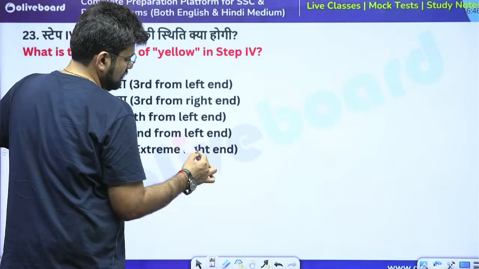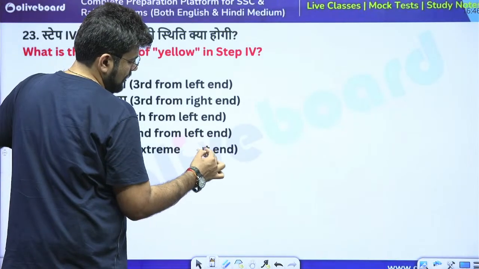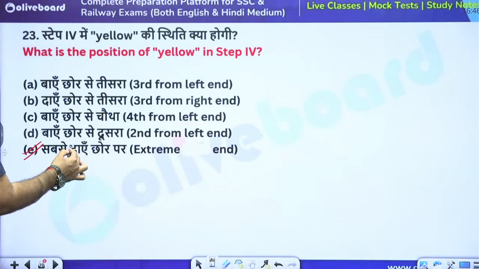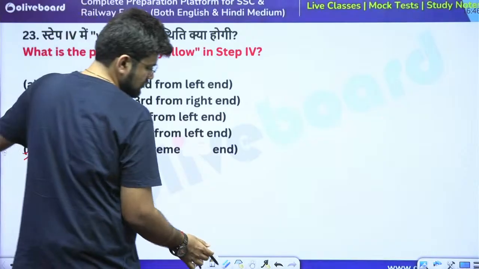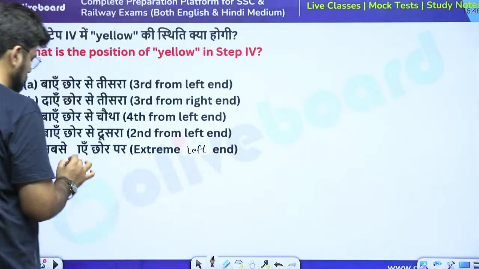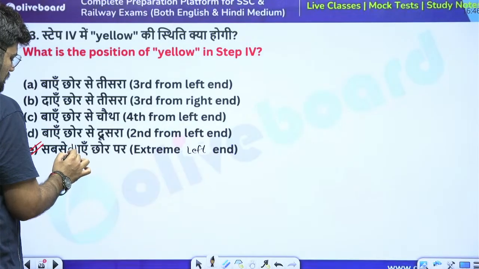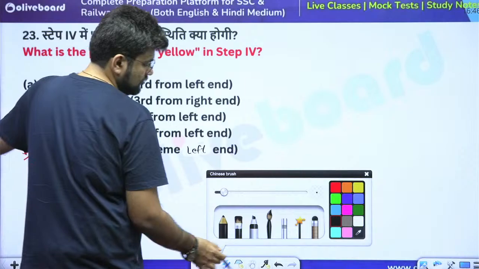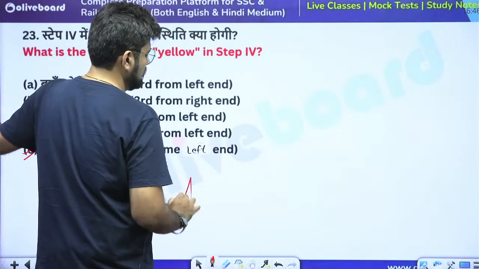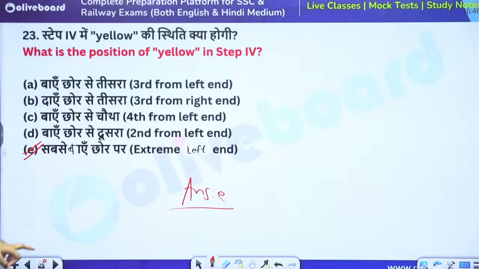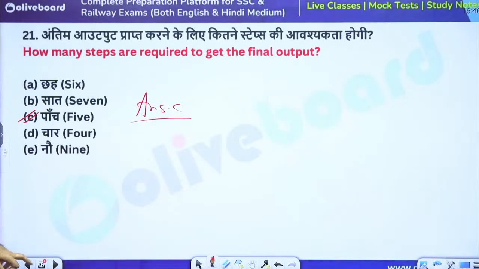I correct it here. Okay, so option D is the right answer. Option E, sorry, extreme left end. Position of yellow in step 4 is extreme left end.